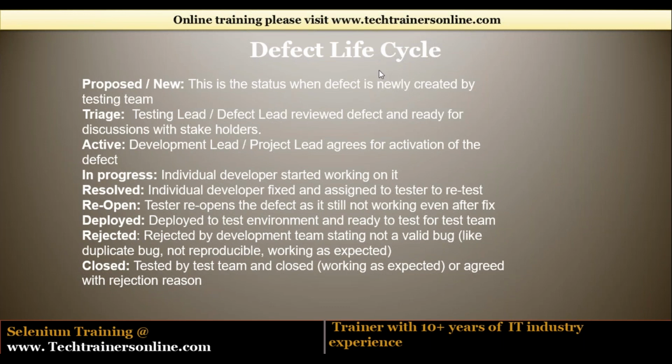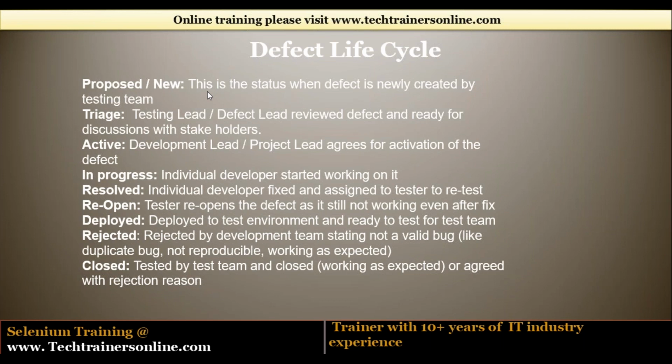For this life cycle, there is a tool, because if we do it manually, then it's a very time consuming process. You cannot change the status of the defect on its own. It will not change by itself. You have to change it. Let's say you raised a defect. By default, the status would be new. You don't have to select any status the first time when you are raising it.